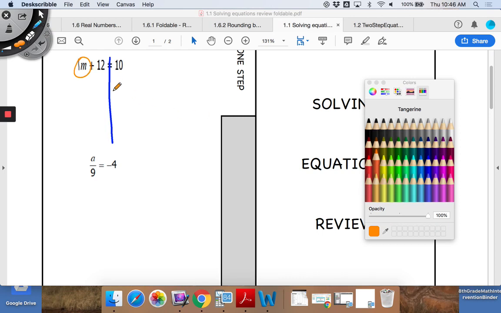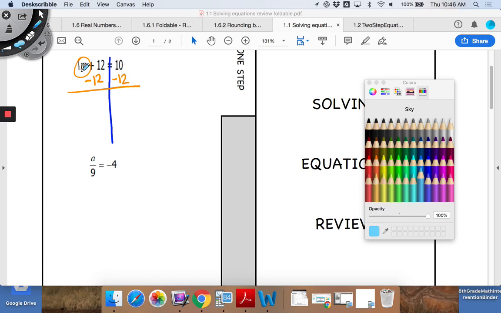So you guys already kind of were shouting out, like this plus 12 is what's happening right now. So to move to the other side, we need to subtract 12. But if I subtract 12 from one side, I have to keep it balanced, so I have to subtract 12 from the other side because it's got to be fair. All the time it has to be fair.